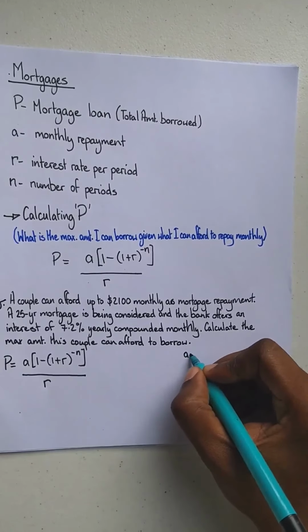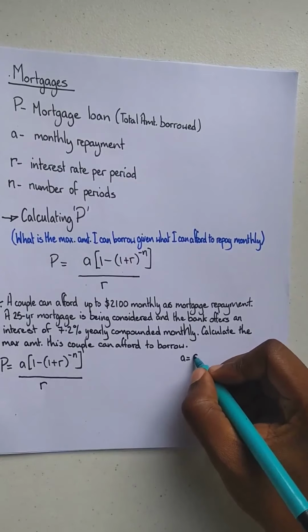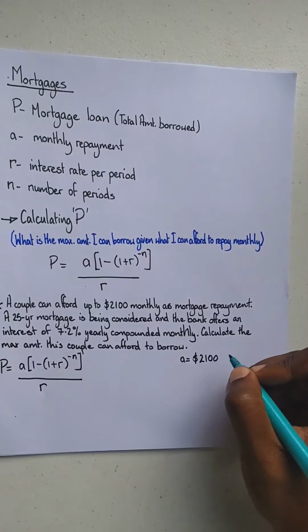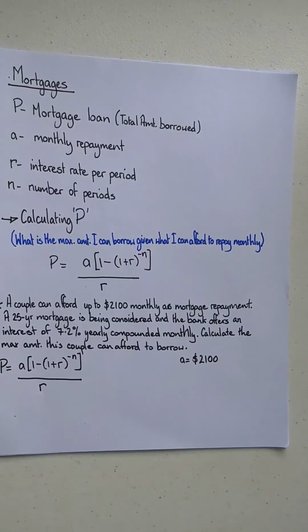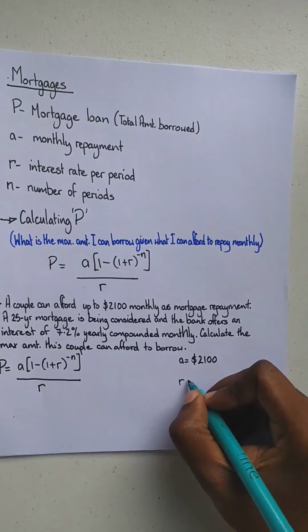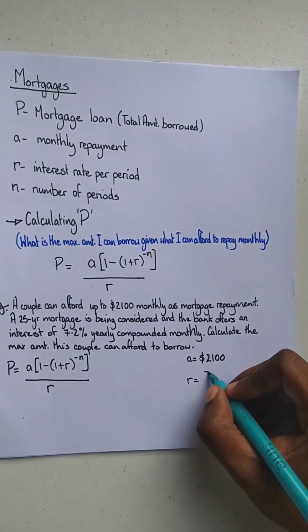In this case, because we're solving for P, we look for A. A is given in the question. The maximum monthly repayment is $2,100. R is our interest rate per period.